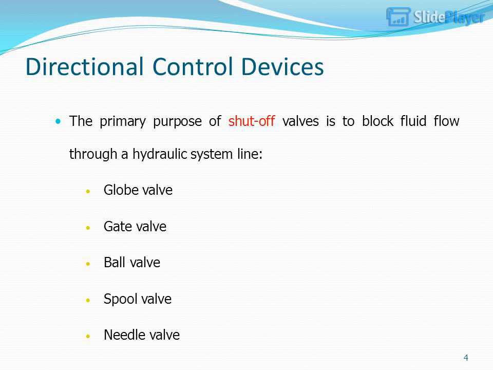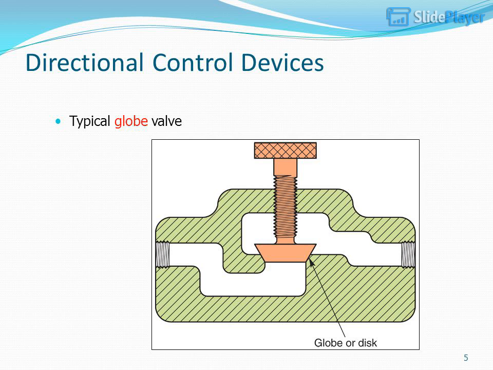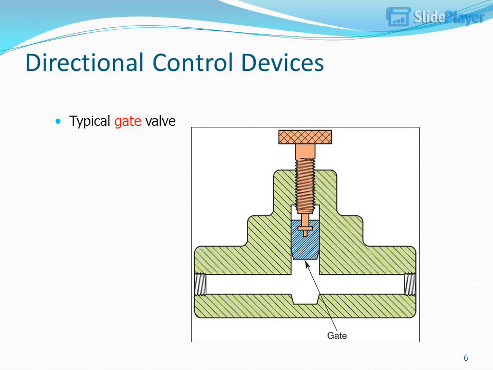The primary purpose of shut-off valves is to block fluid flow through a hydraulic system line. Globe valve. Gate valve. Ball valve. Spool valve. Needle valve. Typical globe valve.